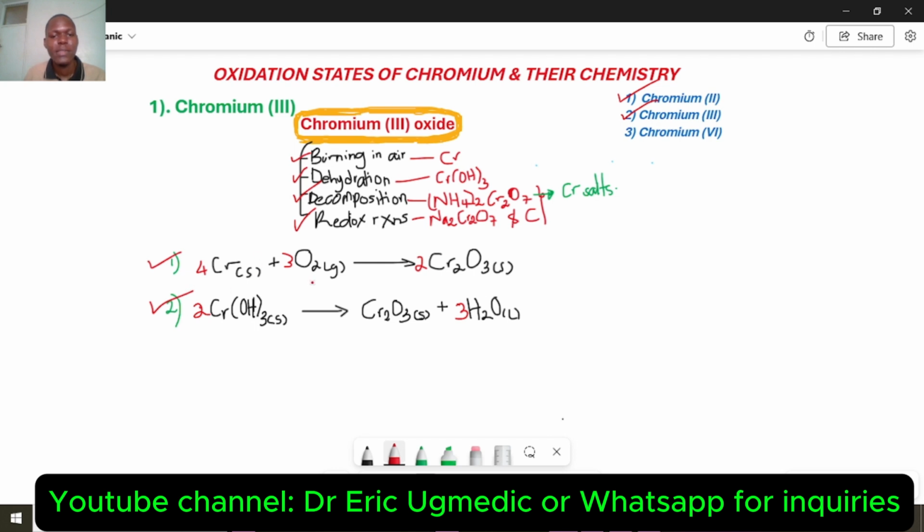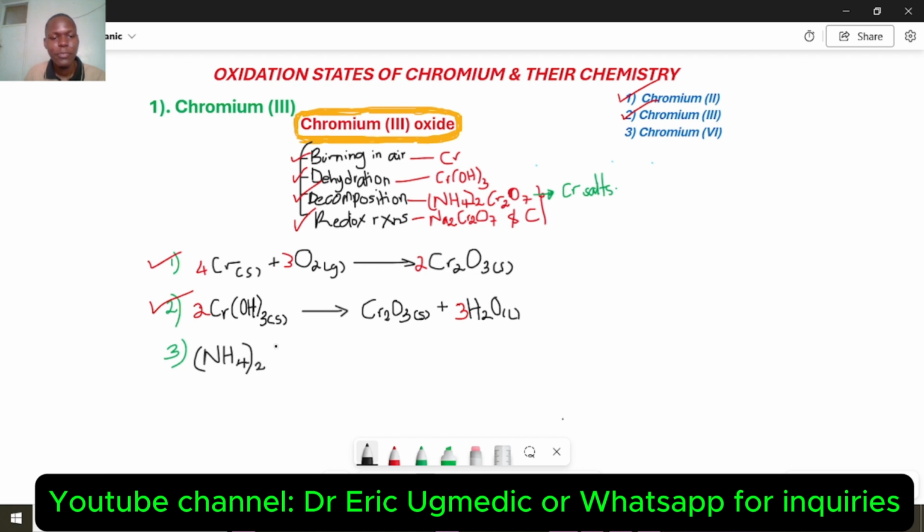So let's look at the next equation, and this is where I need you to pay so much attention, because it can be confusing, but the moment you understand this, it will be very easy for you. So we have this thermal decomposition of ammonium dichromate. So this is something you need to understand rather than cramming.